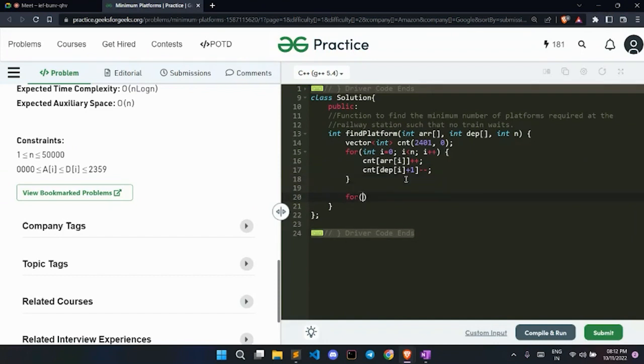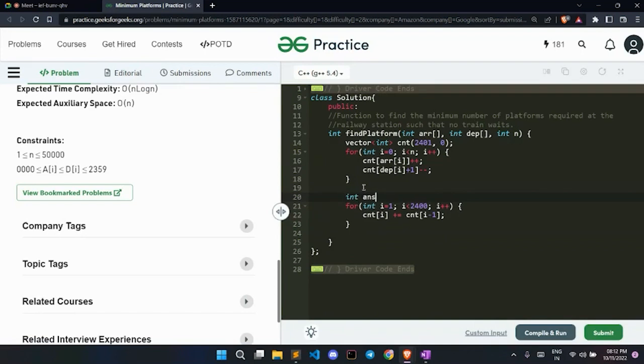And after this, I should iterate over all the values and take the prefix sum of it so that I get the number of trains at one particular instant. So this is done here. And after this, what I need to do is take the max of all the values.